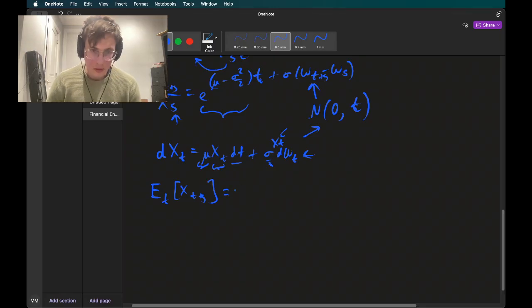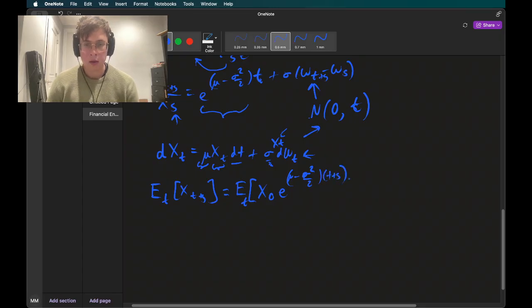To write out the equation, inside here we have X_0 times e to the (mu minus sigma squared over 2) multiplied by (t plus s) plus sigma W_{t+s}.